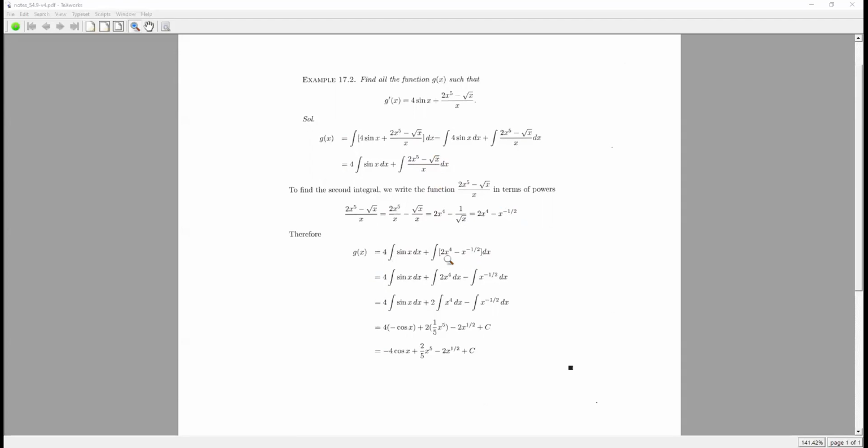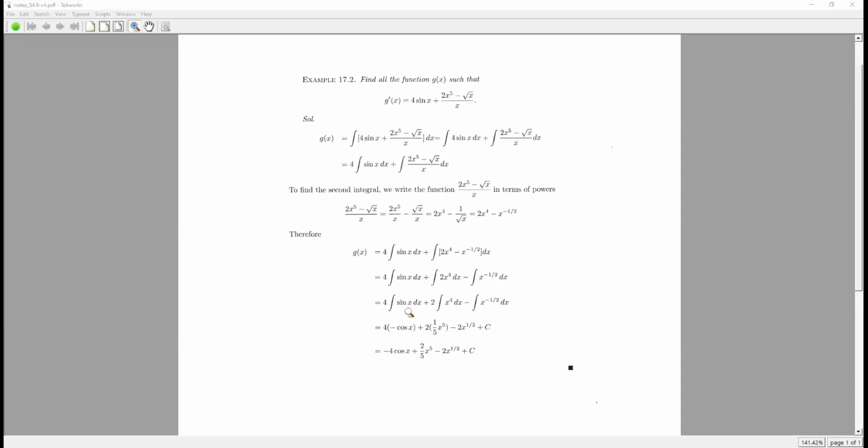Now I apply the difference formula to this integral. Then I get this difference. The constant 2, I move it out. Then I get this. Now, it's easy to tell the antiderivatives of these three integrals.